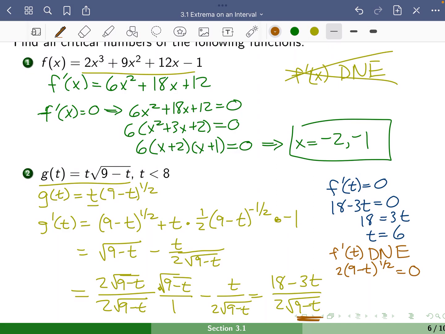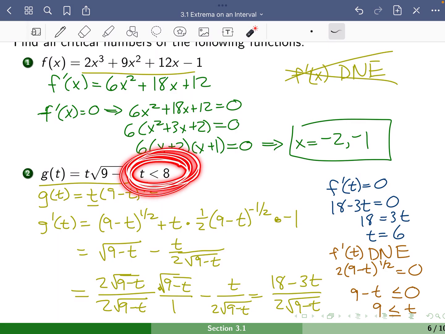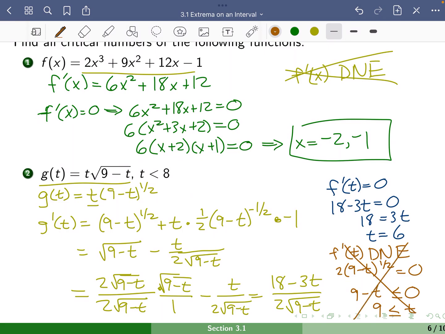So when it's equal to 0, or whenever the stuff under the square root is smaller than 0. Sorry, everywhere where t is greater than or equal to 9, that derivative is going to not exist. But our original function, we are only restricting it to values smaller than 8. So all of those points are not going to be critical numbers.